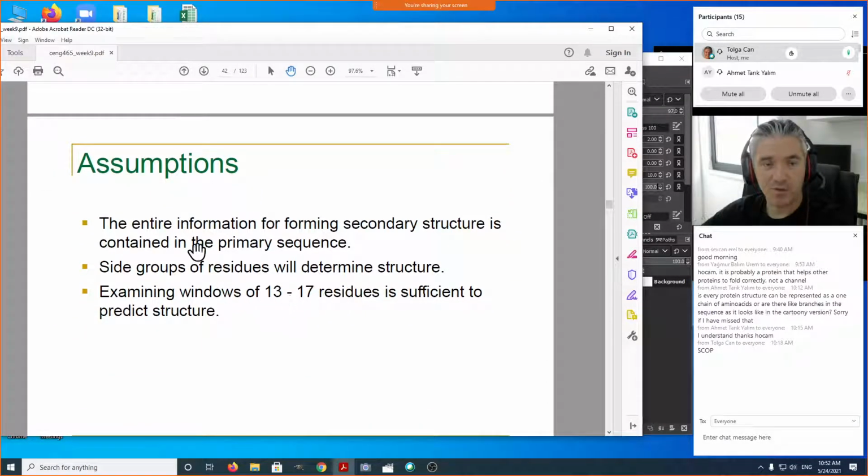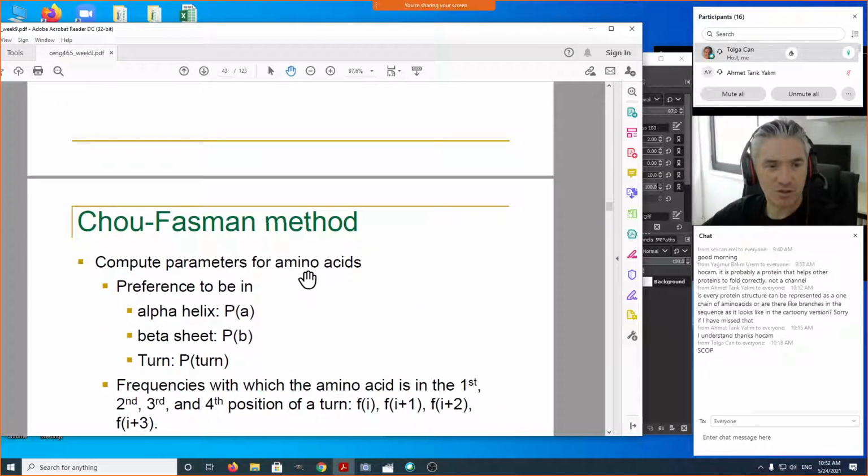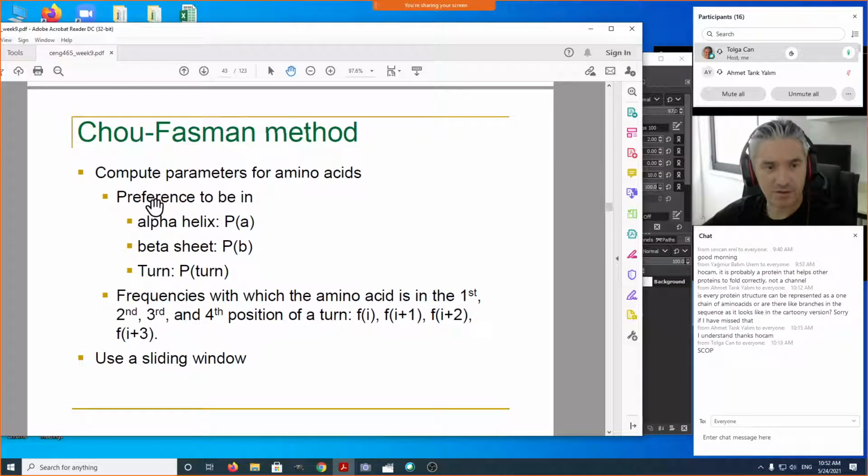The statistical ones usually slide a window of certain size, 13 to 17 residues, to find those propensity, the amino acid preference values. That's the Chou-Fasman method, not the GOR. So you compute the parameters for the amino acids to be in alpha helix, beta sheet, or turn.